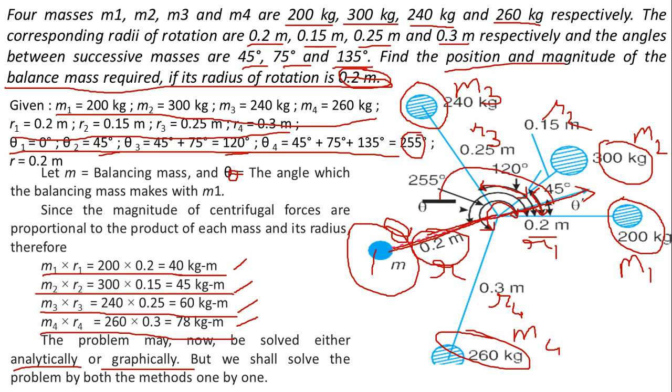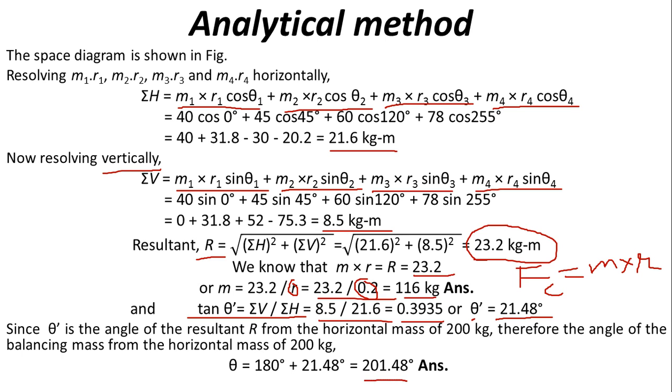The total angle will be 21.48, which you already got, plus 180 degrees. So you get the total angle as 201.48 degrees. So the answer is theta equals 201.48 degrees.